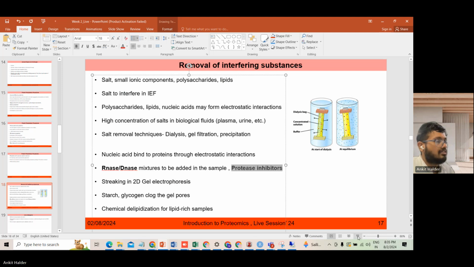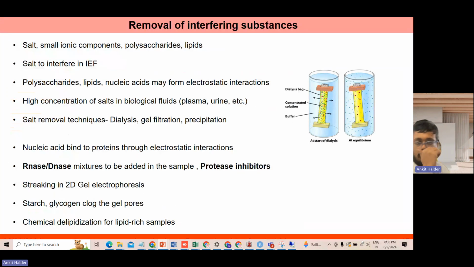The RNases and DNases will remove the nucleic acid that can bind through electrostatic interactions, and protease inhibitors we have to give to inhibit the protease from degrading our proteins.